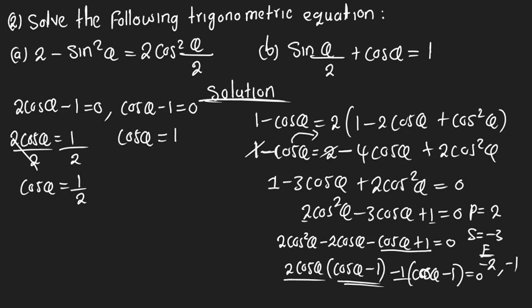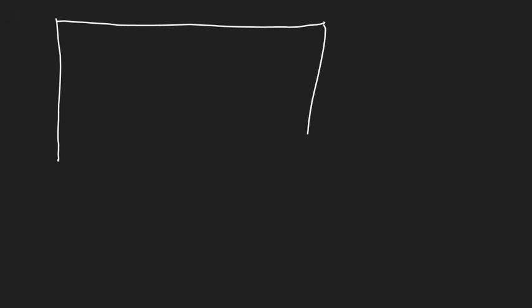Okay, now we can solve. Now, look at this. There is something really important which I want you to know. How do you find cosine theta is equal to 1? Well, just remember this box, which I'm going to draw. So you are in your exam, you just do it roughly, very quick.